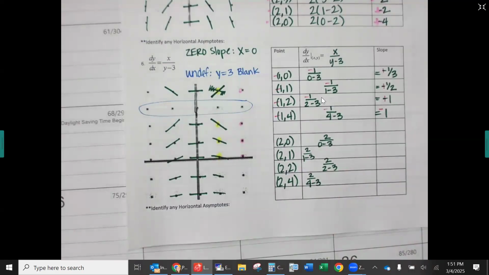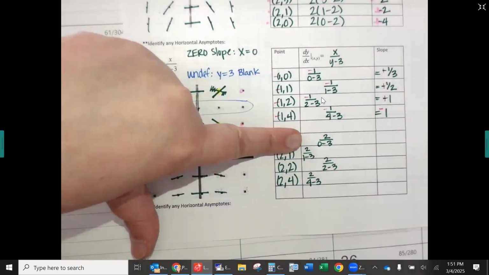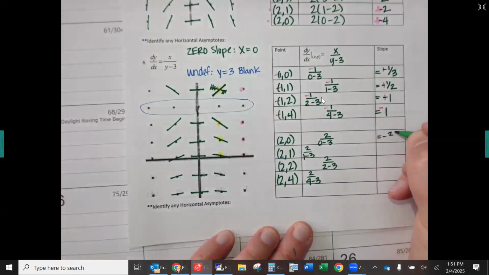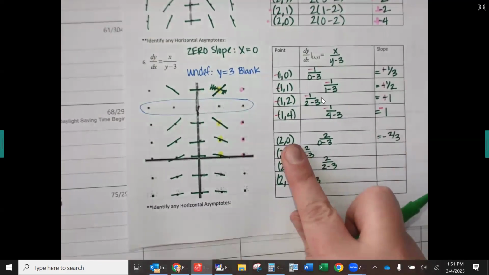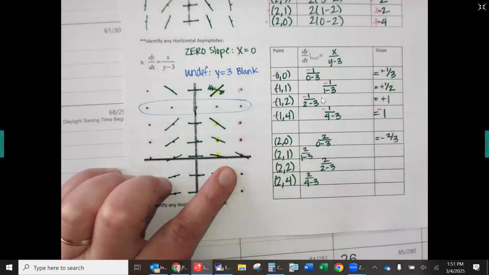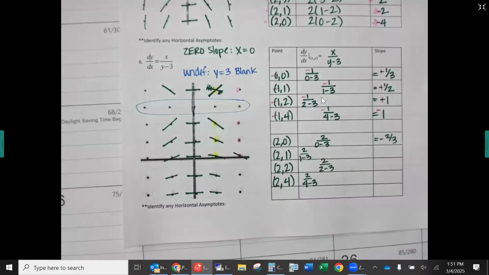Okay, so what will this first one be? -2/3. And then go to 2, 0. That would be right here. And you're going to do a -2/3 slope. Now, comparing, if this is a negative 1/3, negative 2/3 should just be a little steeper than that.